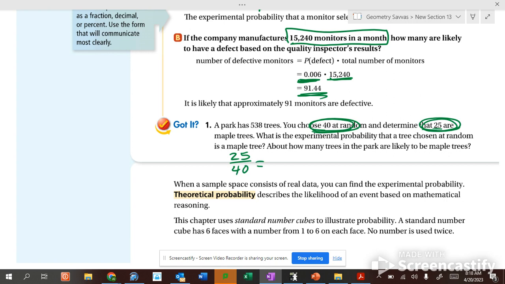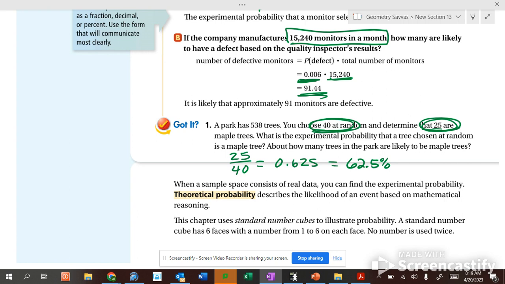Let's change that into a decimal. So what decimal is that, Brooklyn? It's 0.625, which is 62.5%. So 62.5% of them are maple trees.